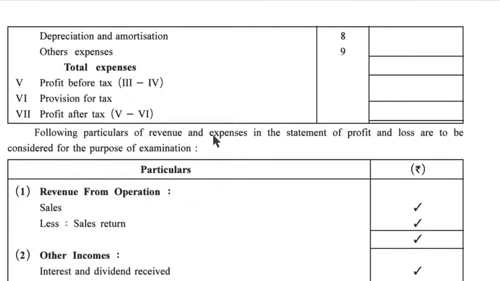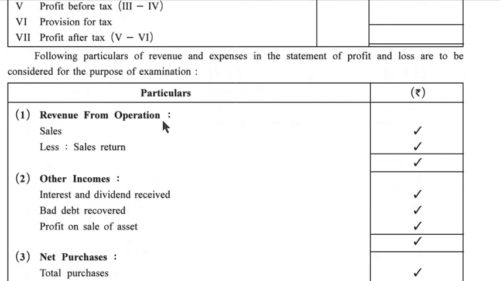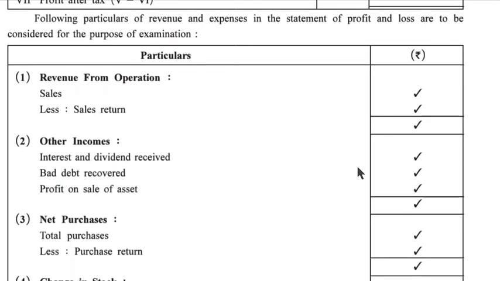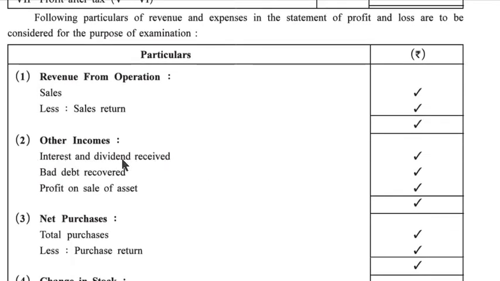The following particulars of revenue and expenses in the statement of profit and loss are to be considered for the purpose of examination. Particulars: revenue from operation, sales minus sales return, and afterward we have to write the total. Other incomes: interest and dividend received, bad debt recovered, profit on sale of asset, total.